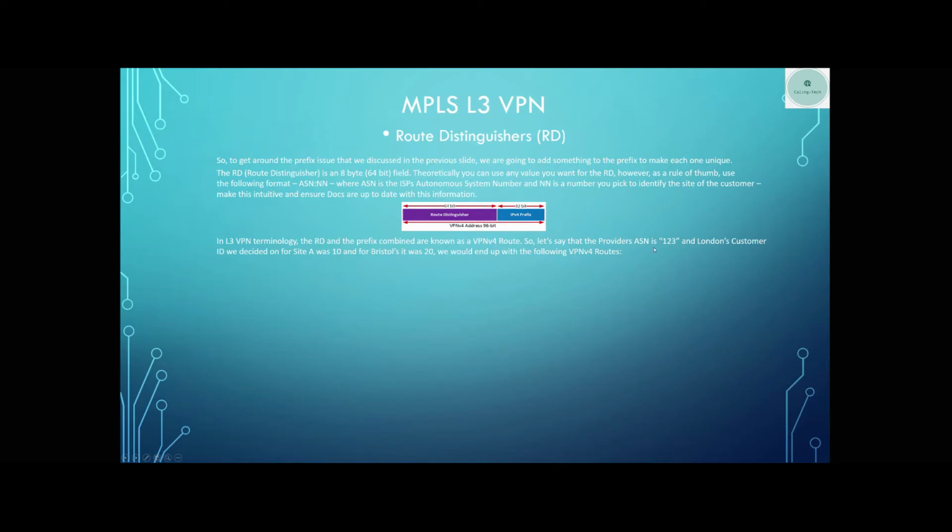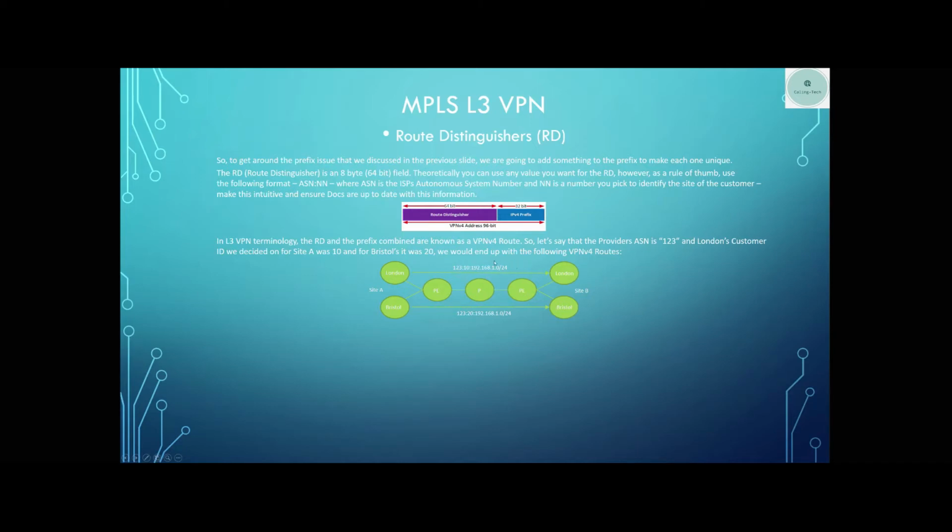Let's say that the provider's ASN is 123 and London's customer ID we decided on for site A was 10, and for Bristol's it was 20. We would end up with the following VPNv4 routes. For London site A, we'd end up with 123, remember the provider's ASN is 123, colon 10 because we've chosen the NN number to be 10, colon, and then the network that we want to advertise.